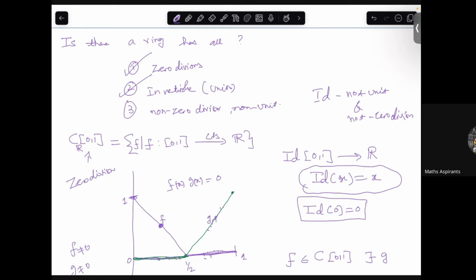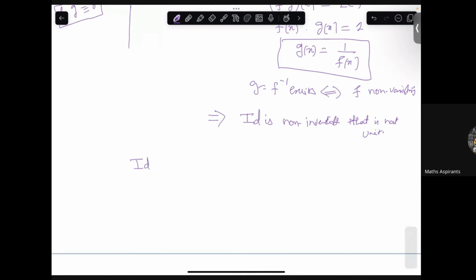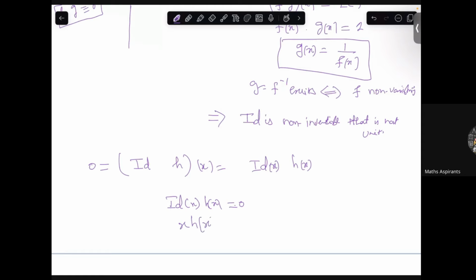Okay, what does it mean to say not a zero divisor? So this id function, when I multiply by some h, that is id of x times h of x, right? And if I demand that it is zero, I want to prove that h of x must be zero. If I am able to get at least one h that is not zero, then it is seemingly not true. But let us see that. So id of x times h of x equal to zero is the same as saying that x into h of x is zero.